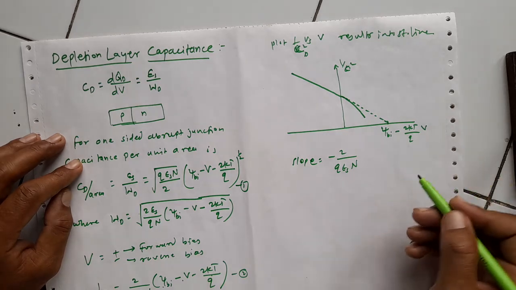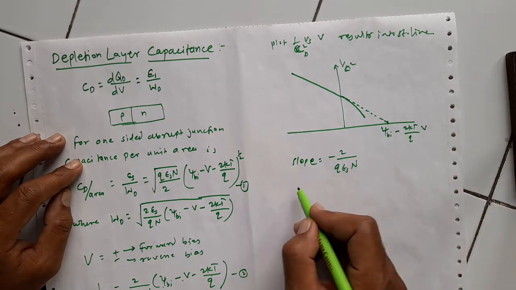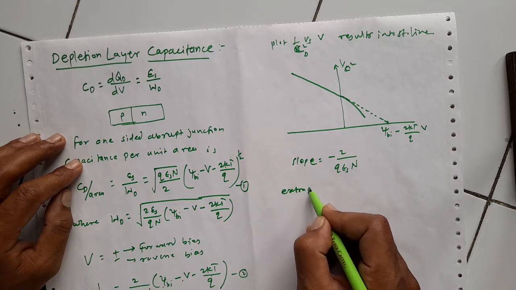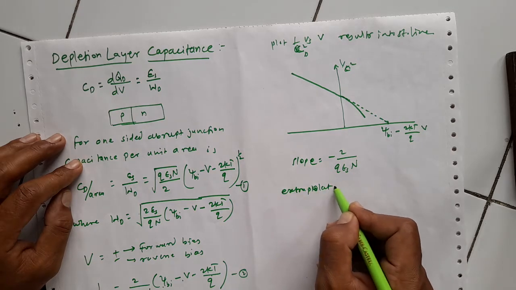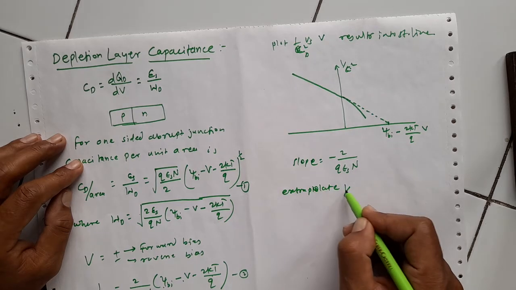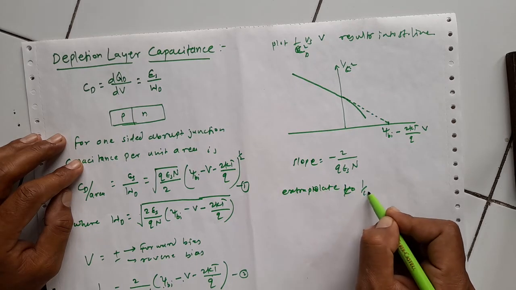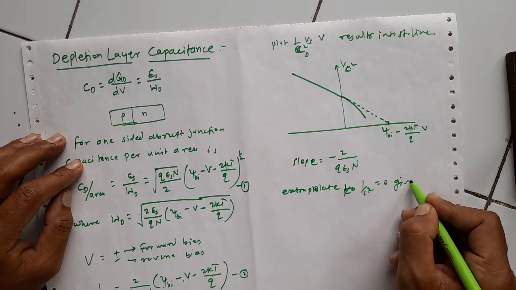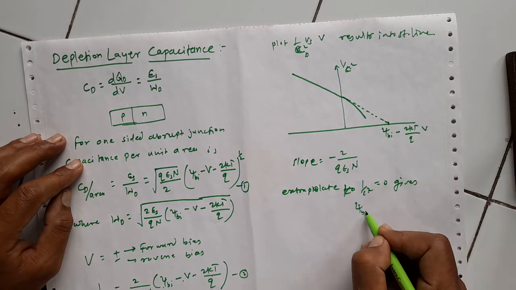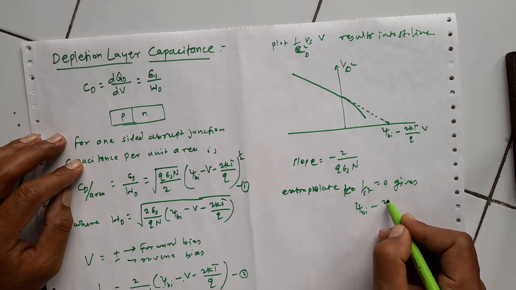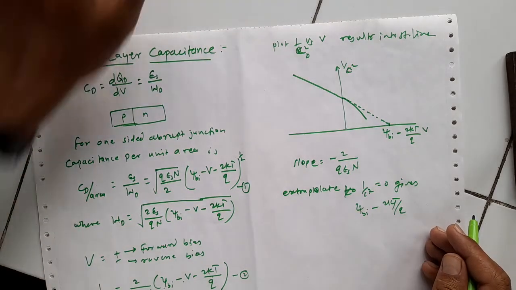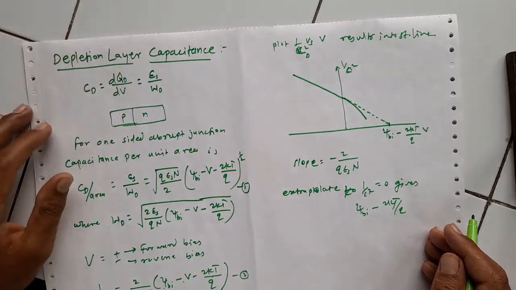And if you try to extrapolate to 1 by C squared equal to 0, it gives us psi_bi minus 2kT upon q. So this is the value we will get from the extrapolation.